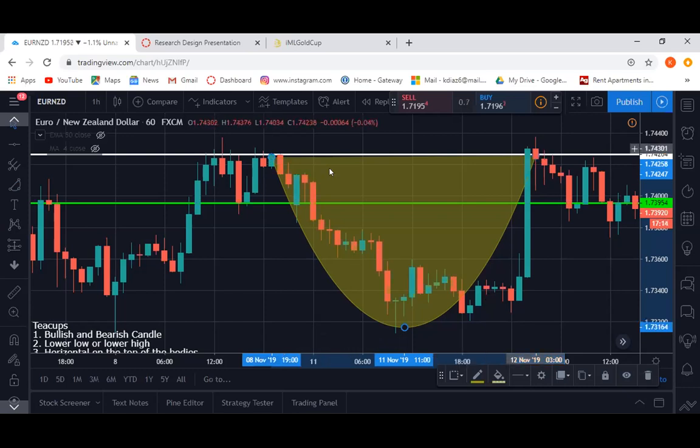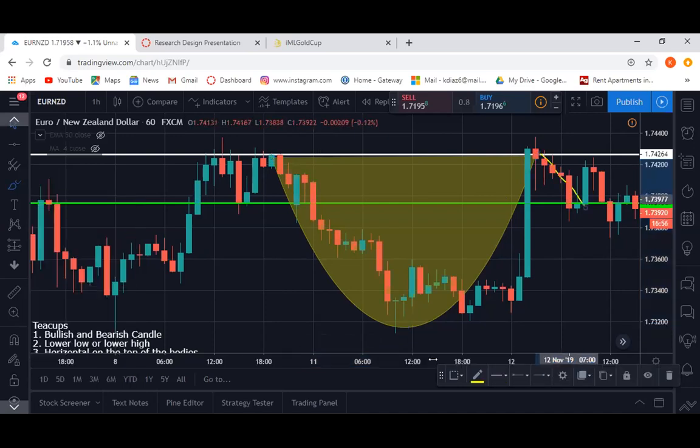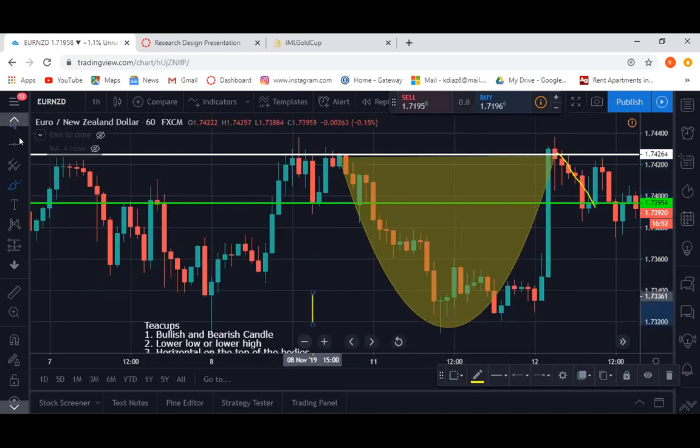And you can see we were entered right here off of this large candle, and then came down to take profit. So right here would have been the handle of the teacup, and I don't know if you guys can tell, but it kind of does form a teacup, so that's why it's called the teacup.